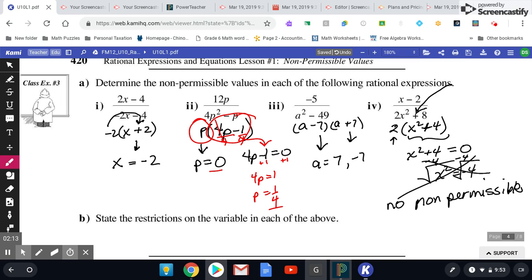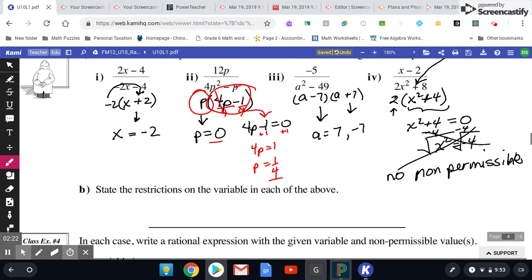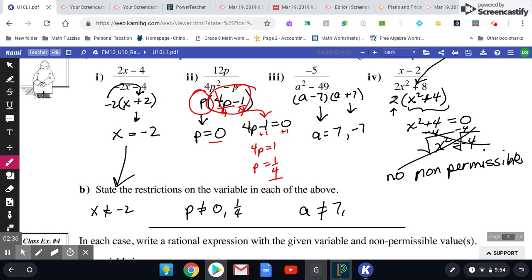Or you could say every value of x is allowed because it will be squared, which will make it positive, and then you will add 4 to it. No big deal. So if we are asked to state restrictions, we're going to say x cannot be negative 2. We're going to say p cannot be 0 or a quarter, and a cannot be 7 or negative 7. That is how you state restrictions, and there are no restrictions here.